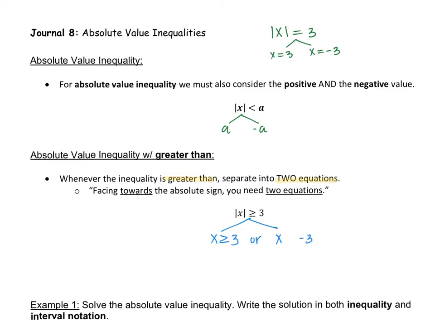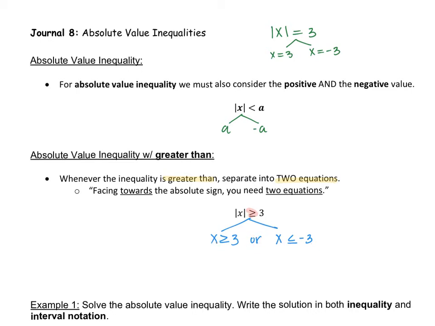But one of the things that we've learned is that anytime you switch the sign, the negative sign to positive or positive to negative, you also have to flip the inequality sign. So it's now going to be facing towards the number. So anytime you have the inequality facing towards the absolute value sign, you're going to separate it into two equations like this and then have an or between them.